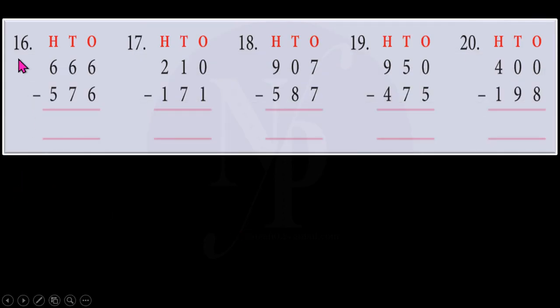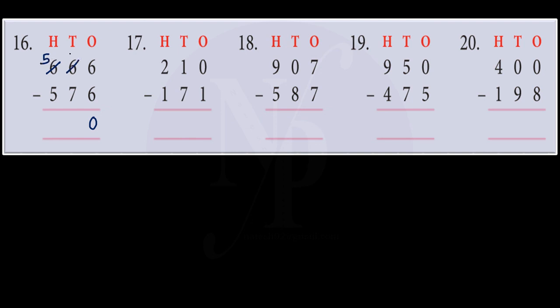Next question, question number 16. 666 minus 576. Subtracting 6 from 6, you get 0. So we write 0 here. Subtracting 7 tens from 6 tens is not possible. You need to regroup. We regroup 600s as 500s and borrow 100 to tens column.